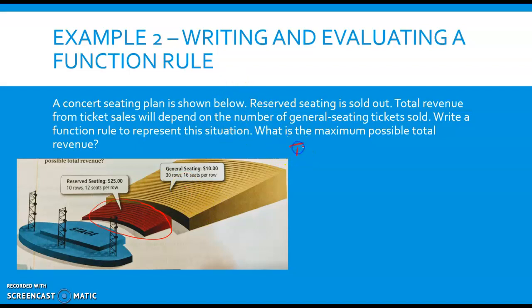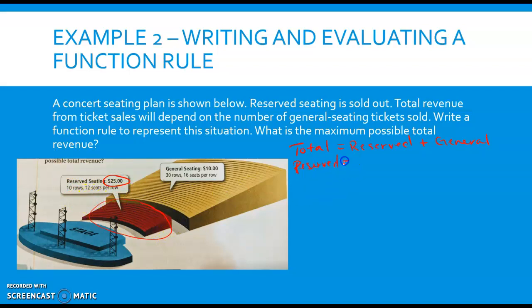Well, total revenue would be our reserved seats plus the general seating. All right, so to find reserved, right now it just tells us that it's $25 per ticket, and then it tells us there are 10 rows with 12 seats per row.